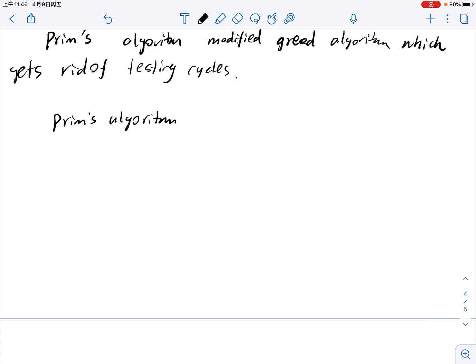So for Prim's algorithm, you will see we come back to the previous method where we generate a new edge based on the previous steps. So no matter what, the intermediate object is always connected.